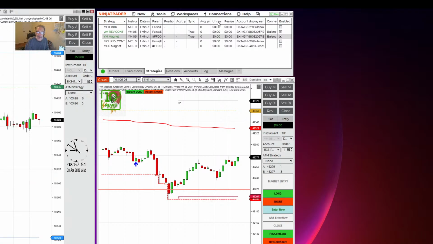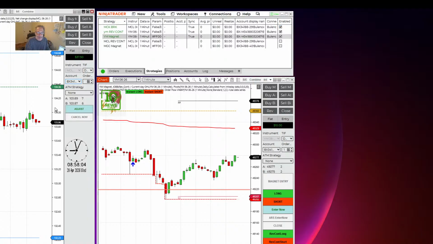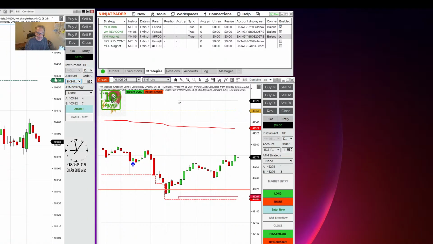All right. So we have an MCL breakout right here. Make sure our chart's on 29 so we see it. We're up $37 in this account. We'll spread our chart so that we see the orders. And we have an MCL reverse continue.